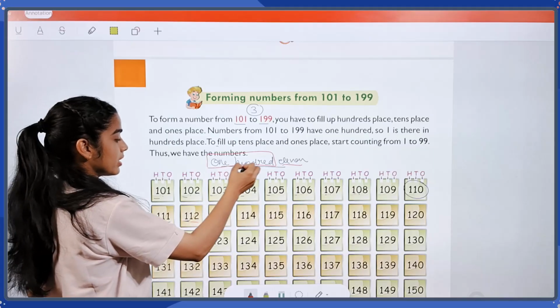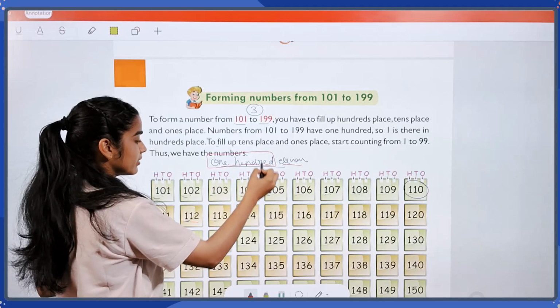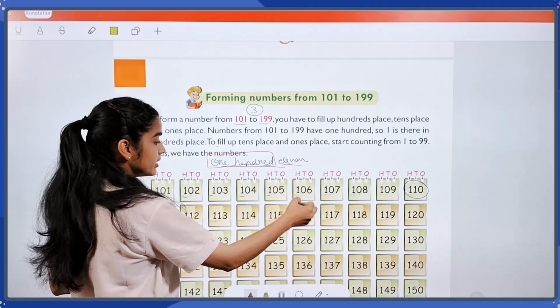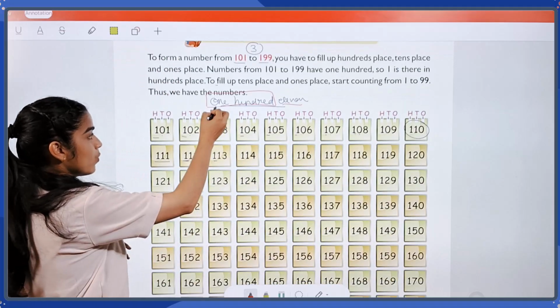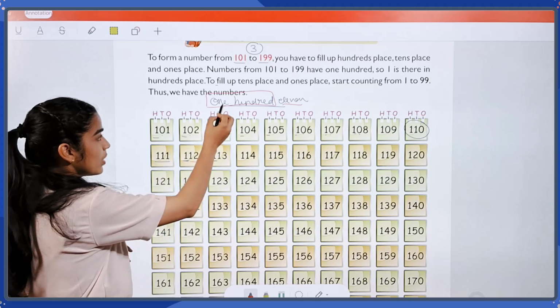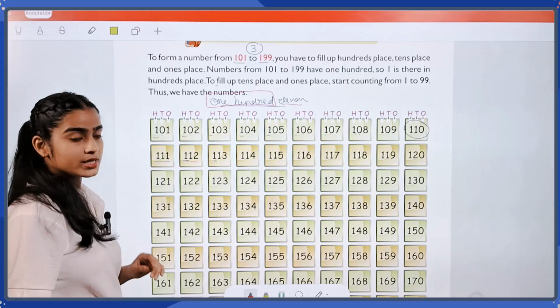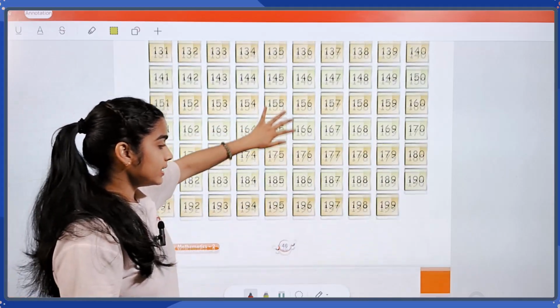So you say 112, 113, 114, 115, 116, 117, same for 118. 121, 122, 123. In the same way you start your counting from 11 to 99.